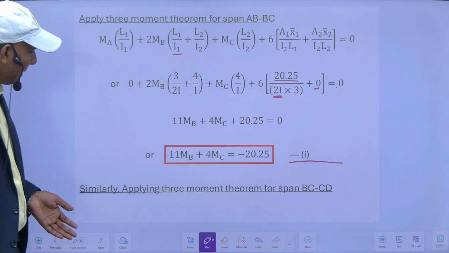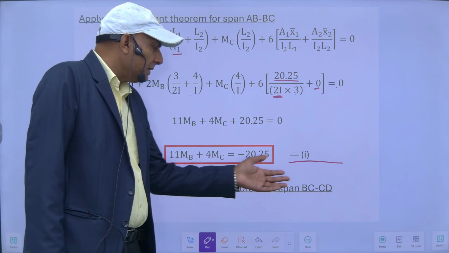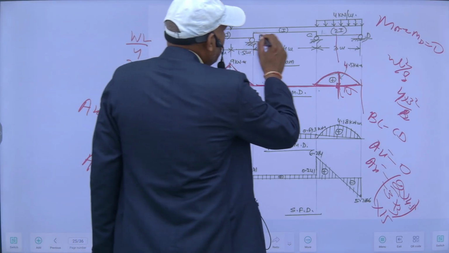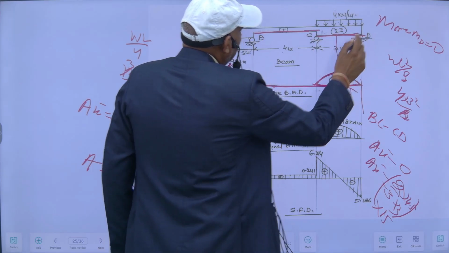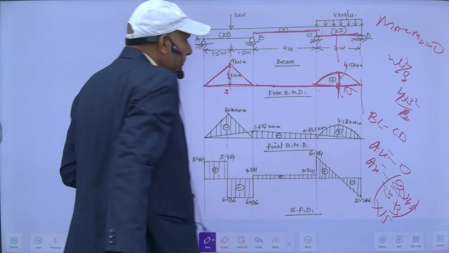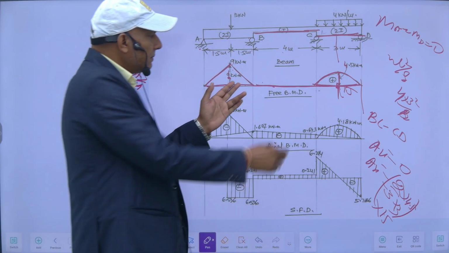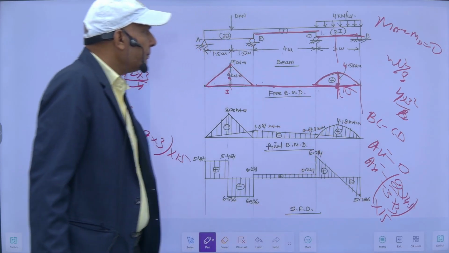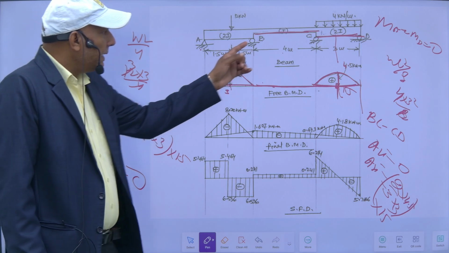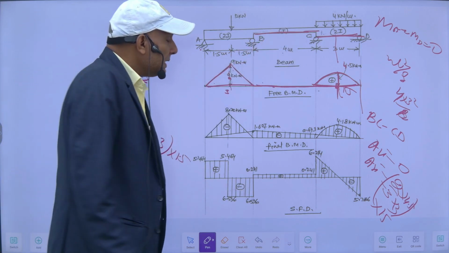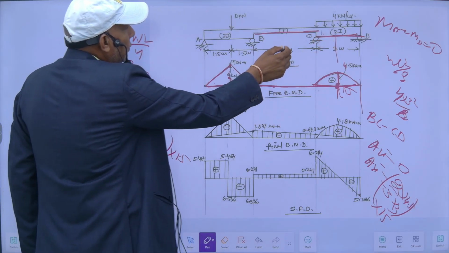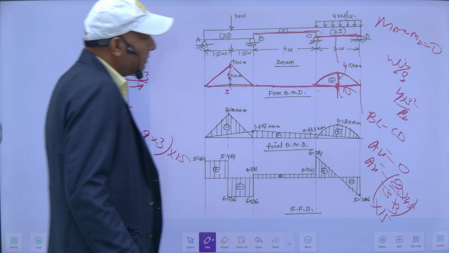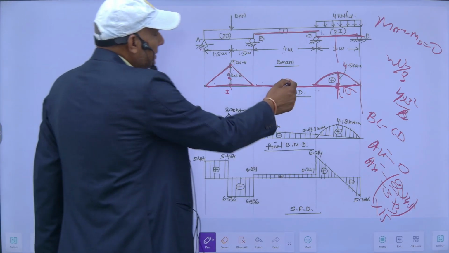Then again I will apply the 3-moment theorem for spans BC and CD. For this case, my Ax for this portion will be 0 and Ax for this portion will be the same. So it will be MB into 4 upon I plus 2 MC into 4 upon I plus 3 upon 2I, plus MD, is equal to 0 plus 6 A1 x1, which is 0, plus A2 x2.